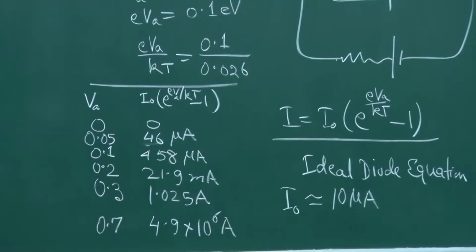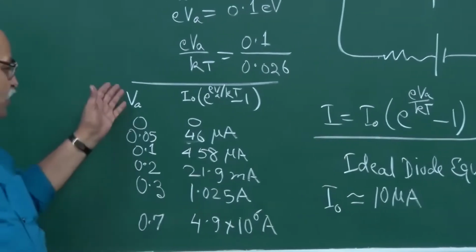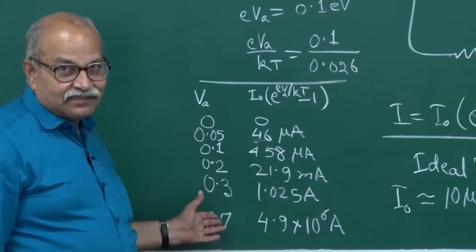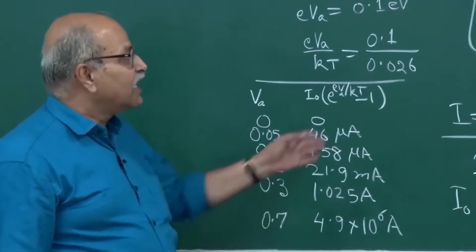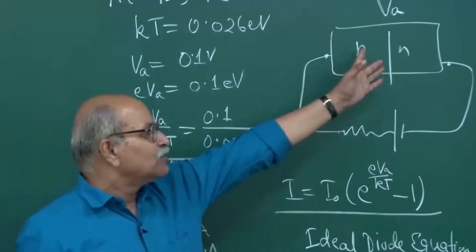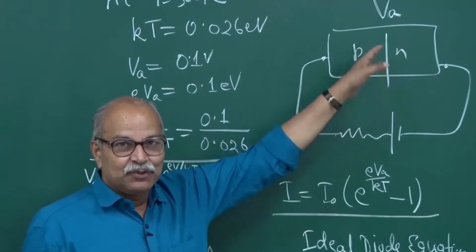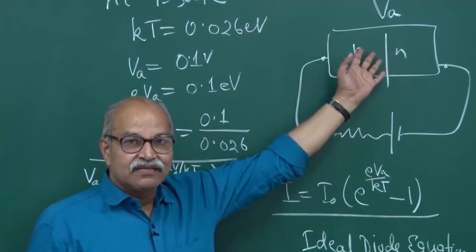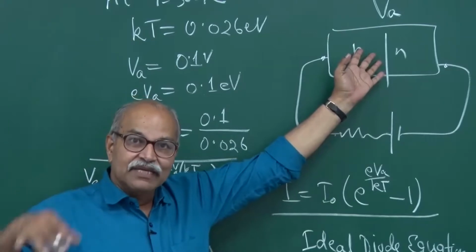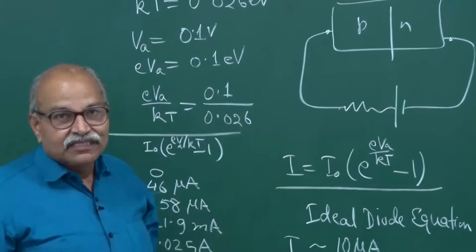So this gives you a kind of feel that you cannot apply large voltages here. The diode manufacturer will tell how much current it can sustain. If you send more current than that allowed limit, then this whole diode will be destroyed.